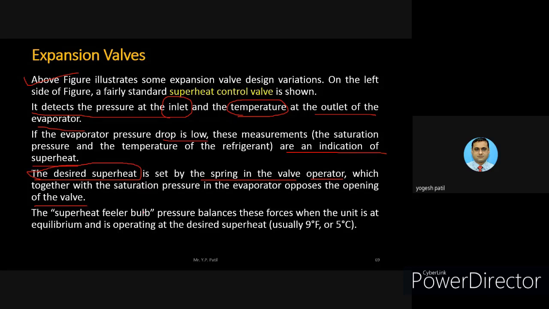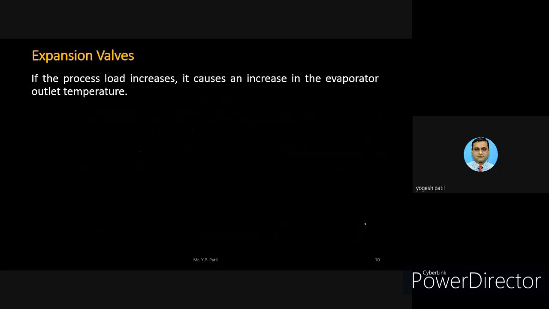The superheat filler bulb pressure balances these forces when the unit is at equilibrium and is operating at the desired superheat. That desired superheat is what we are calling the refrigerant setting. For example, we require to set it with a target set point value of 5 degrees Celsius approximately, or with some slight variation, 5 to 6, or 5 to 8 in some books.